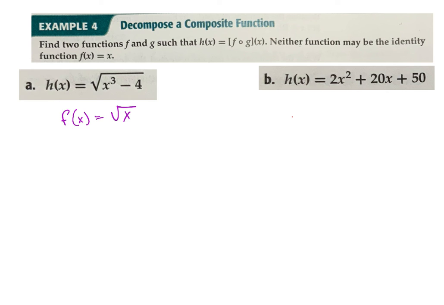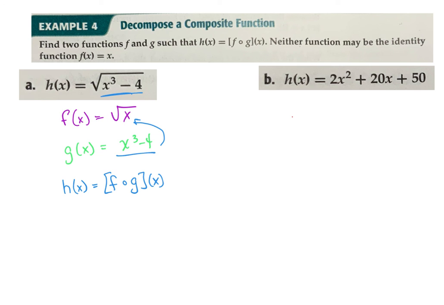And then the other piece of that could be what is in the square root. And so then I could rewrite this h of x that they originally gave us as f of g of x. Because I have one function inside another.